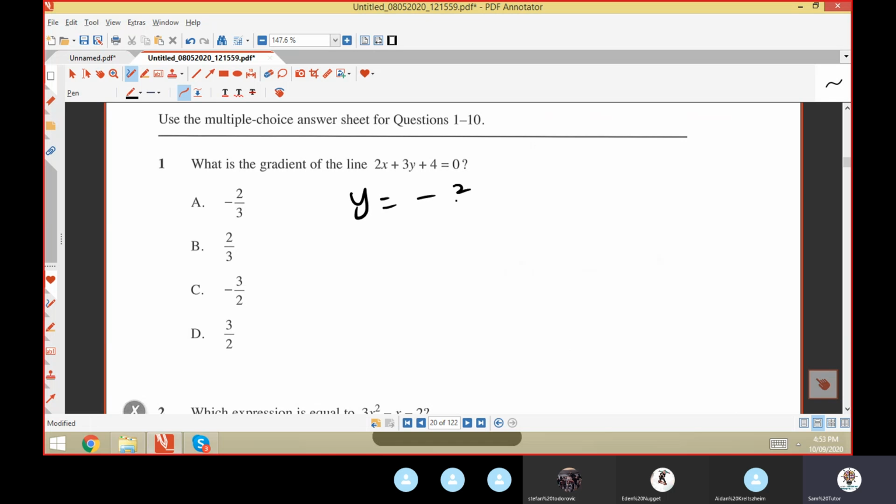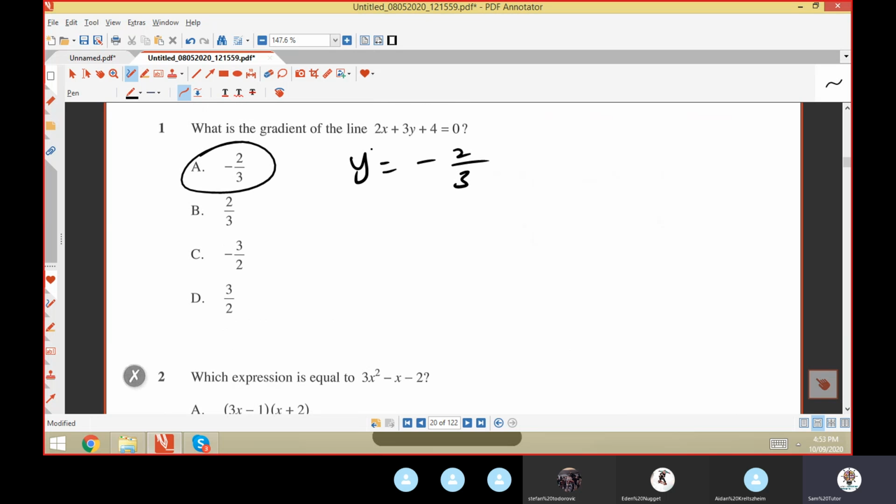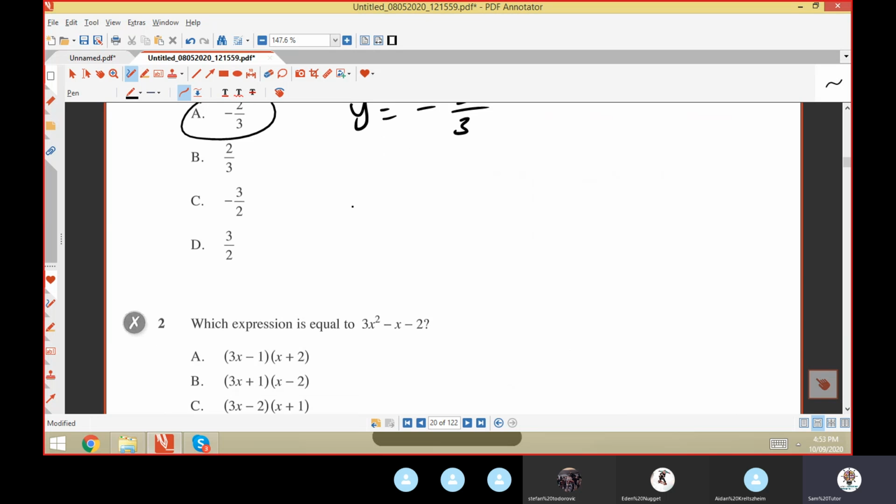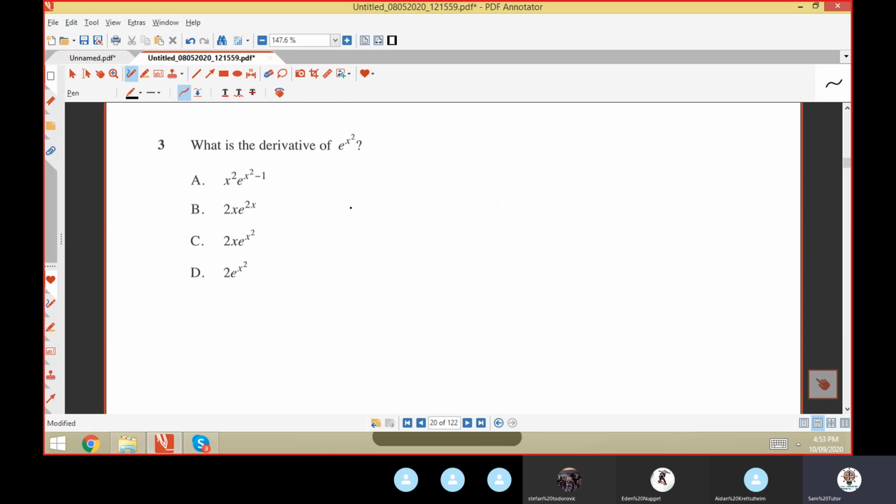All right, what's the answer? Negative 2 on 3, I think is right. Any questions? The derivative of e to the x squared, unless we just know it. Derivative of e to the x squared. Don't look at the answers, they might confuse you. Try to recap.